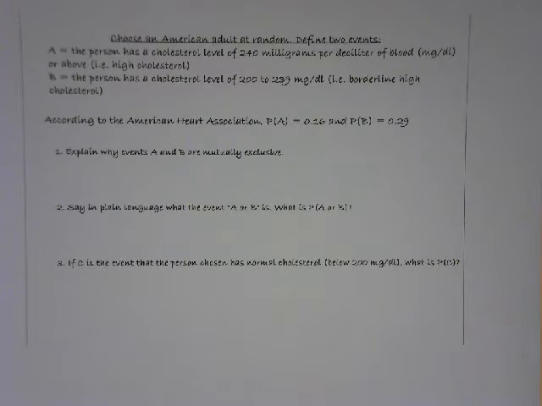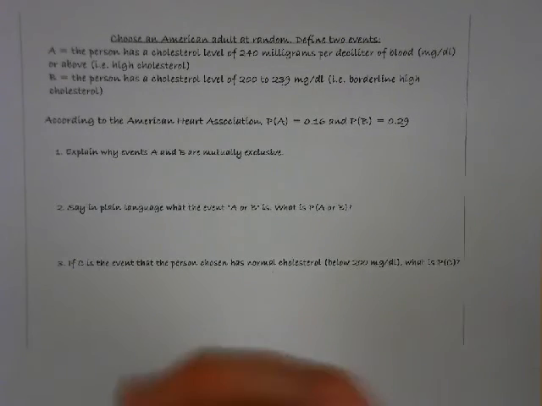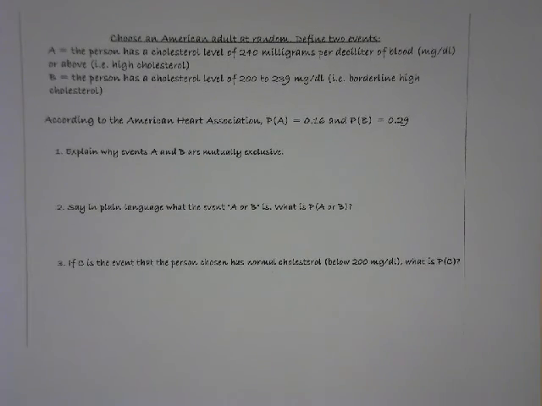So, explain why events A and B are mutually exclusive. Anybody want to try explaining why they're mutually exclusive? Thanks, Nate. Nate said you cannot have 2 different cholesterol levels at the same time. Perfect, Nate. We can't have high cholesterol and borderline high cholesterol at the same time. We either have high cholesterol or borderline high, but we can't be in both categories at once.